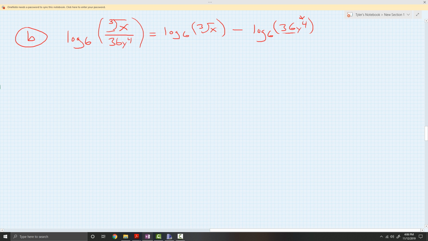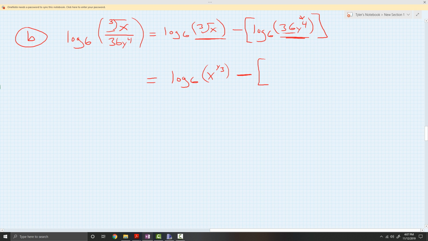So what I would do next is rewrite the cubed root of x using an exponent of 1/3, and then this is a product, so we can split those two things apart as sums. So we would have log base 6 of x to the 1/3 power, and then minus, and this is important, I'm going to put brackets around this, because I'm going to split this apart in two terms, and we need to subtract both terms. So that's going to be real important.